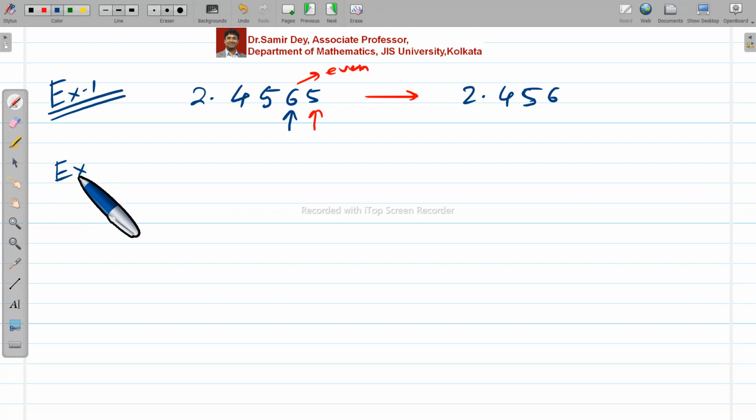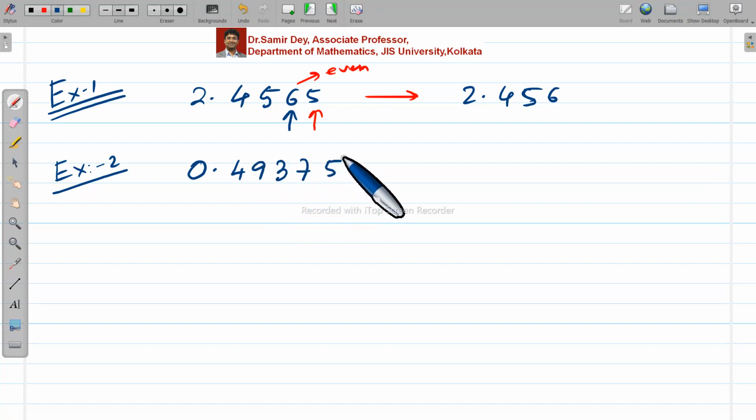Now you write down example number 2. Suppose you have 0.49375. Again, you need to round off up to this level. Then what do you do? You have to check this one. So here it is exactly 5, isn't it?